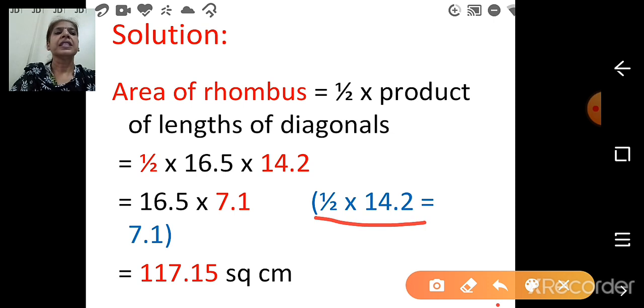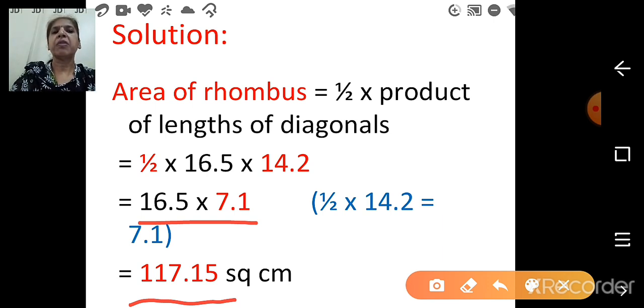So 7.1. Now 16.5 multiplied by 7.1. And what is the answer? It is 117.15 square centimeter. So here you have to multiply 16.5 with 7.1.